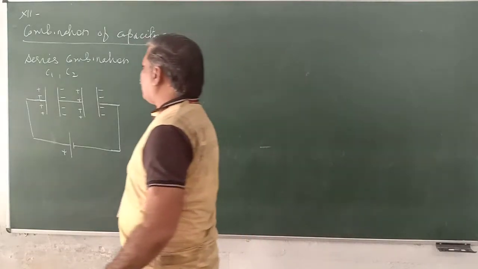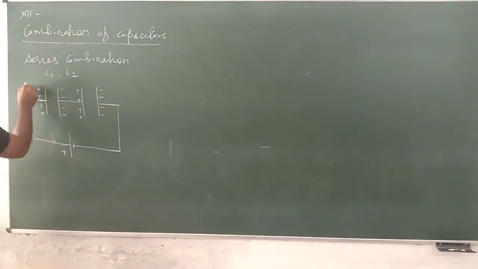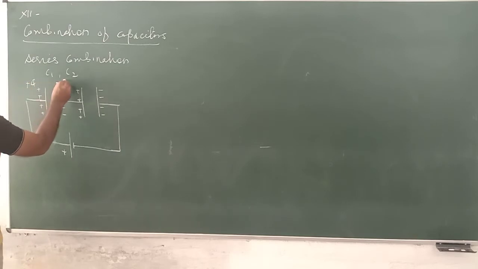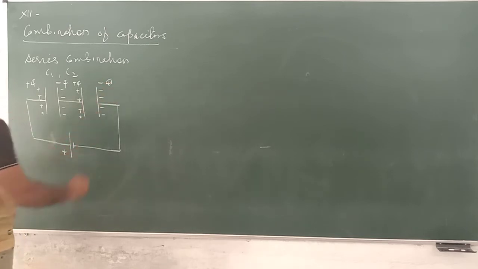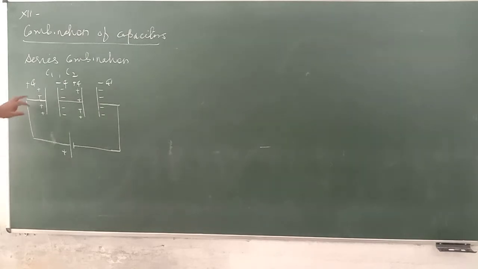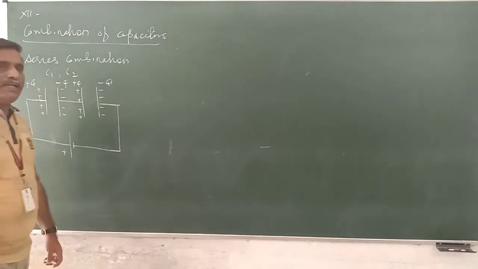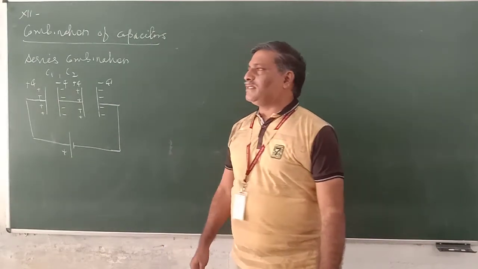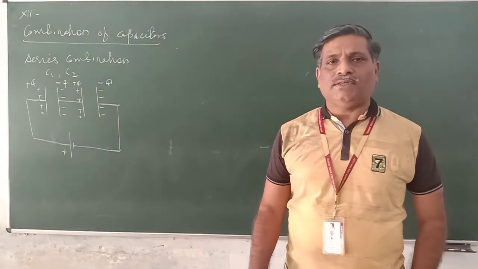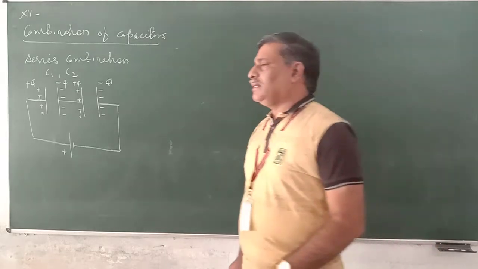So here it is plus Q, minus Q, plus Q, minus Q: the charge on each plate is the same. Whenever capacitors are connected in series, the charge on every individual capacitor remains the same, but the potential is divided.